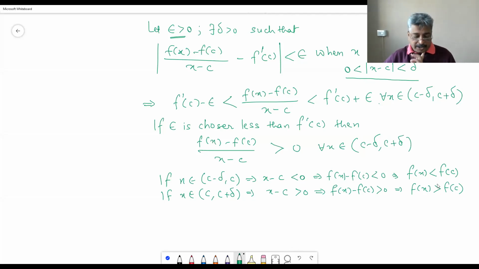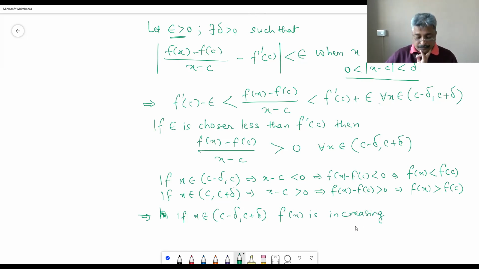Now, these two statements imply, therefore, this implies if x belongs to c minus delta to c plus delta, f of x is increasing at x is equal to c. This is very important.